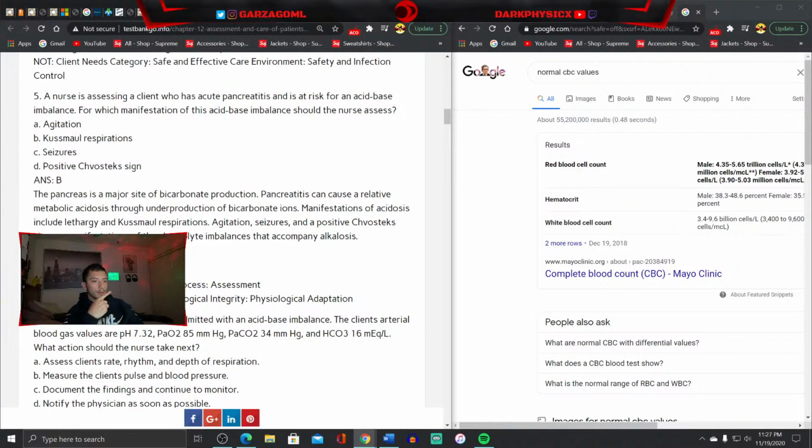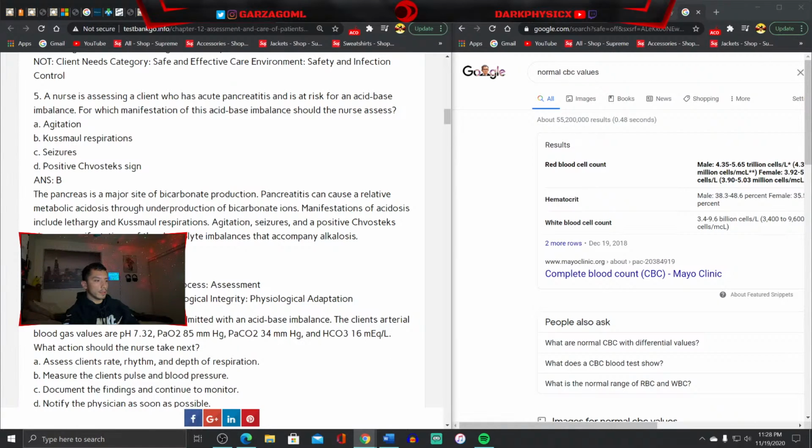And then acidic for bicarb because it's lower than 22. So you have acidic, basic, acidic. So there's metabolic acidosis with compensation with respiratory alkalosis. Wait, crap. What am I trying to say here? Yeah, respiratory alkalosis. So what action should the nurse take first?